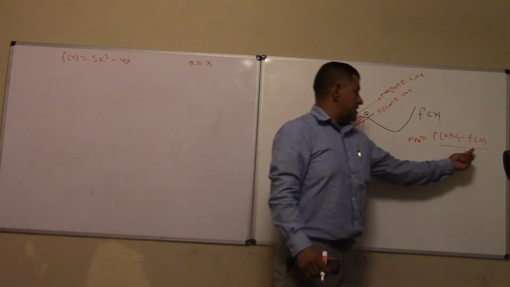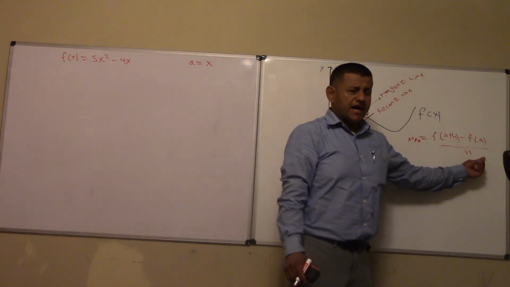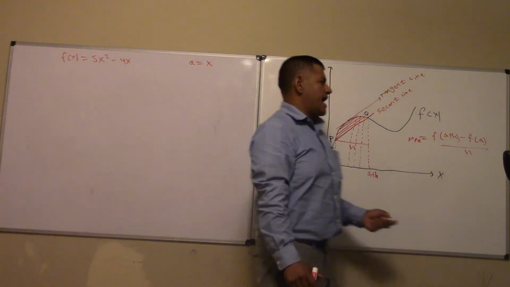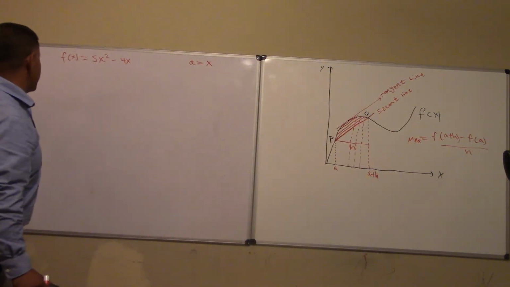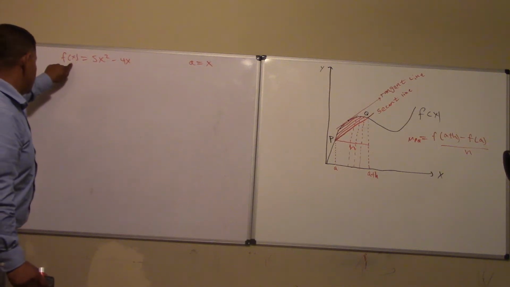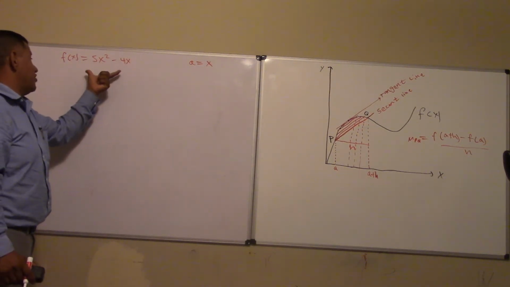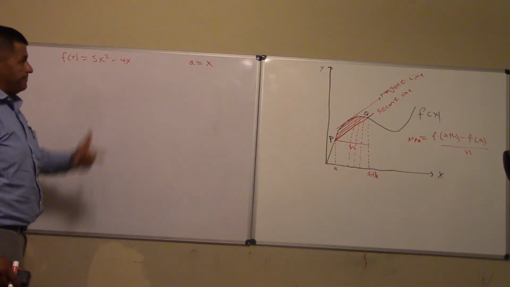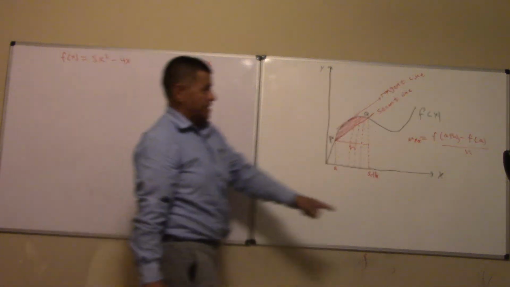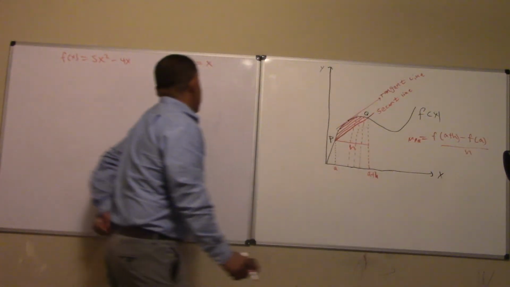But in the last part right here, I am subtracting this function evaluated at a, which is the same thing as saying evaluated at x. So basically, I am subtracting this function, right? In this part, right?